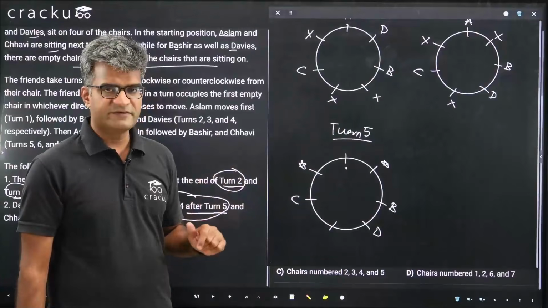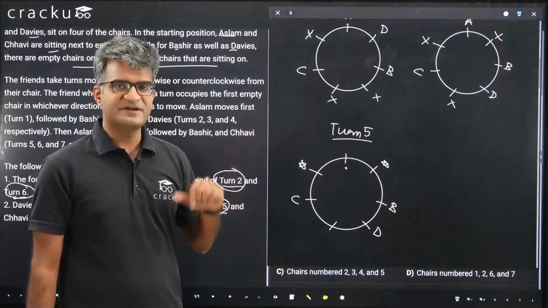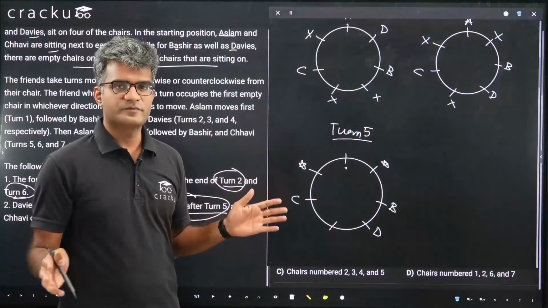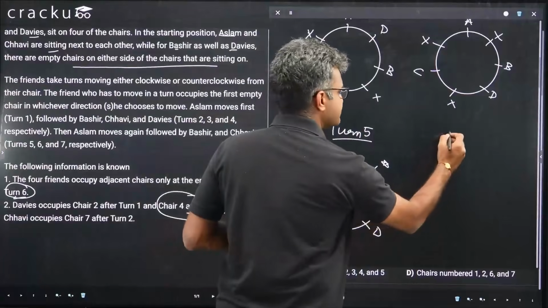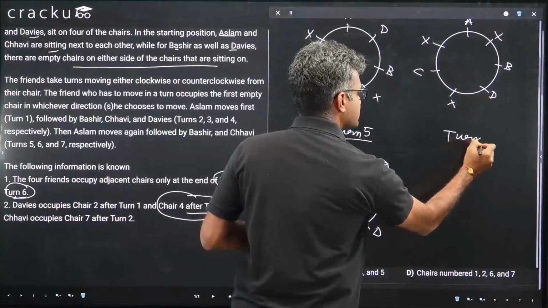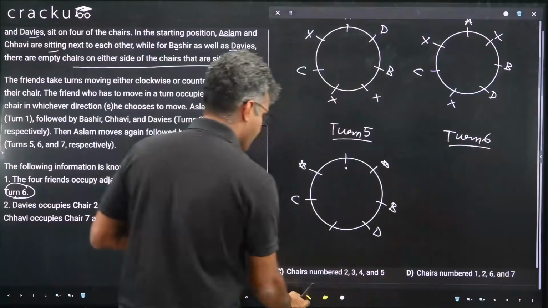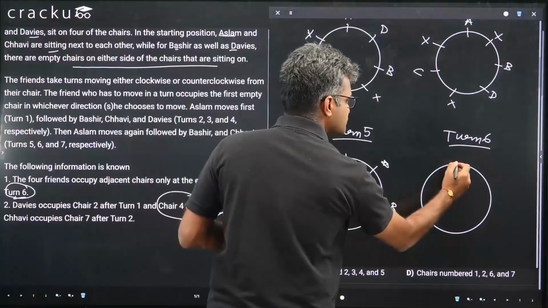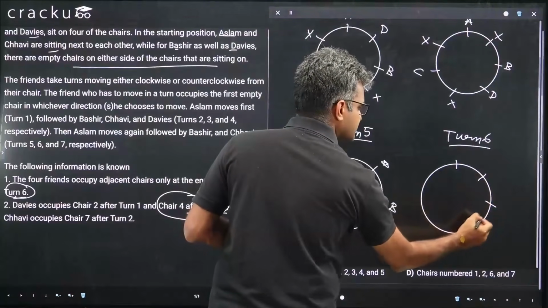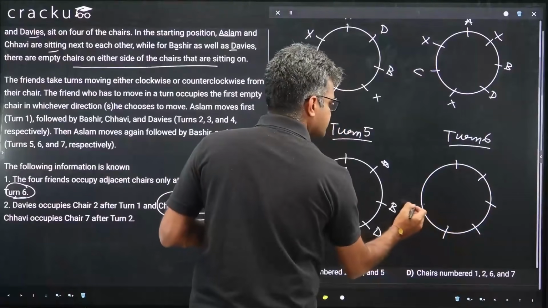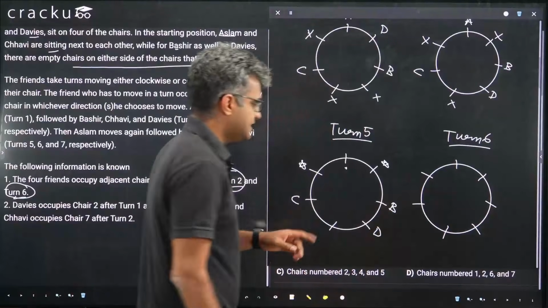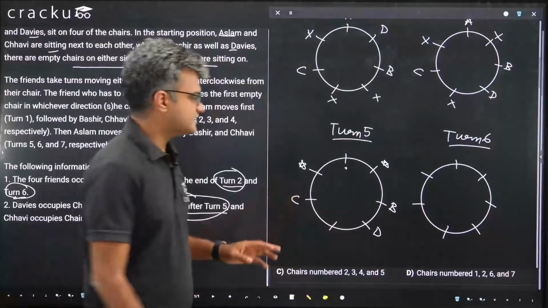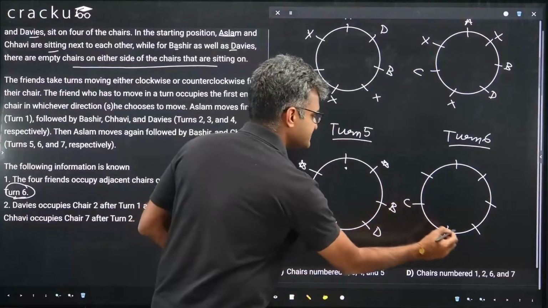This is turn 5. In turn 6, B will move. C and D will not move. So if you are drawing a circle for turn 6, this is 1, 2, 3, 4, 5, 6, and 7. C and D will not move in turn 6 as well. So this will be where C is, and this will be where D is.